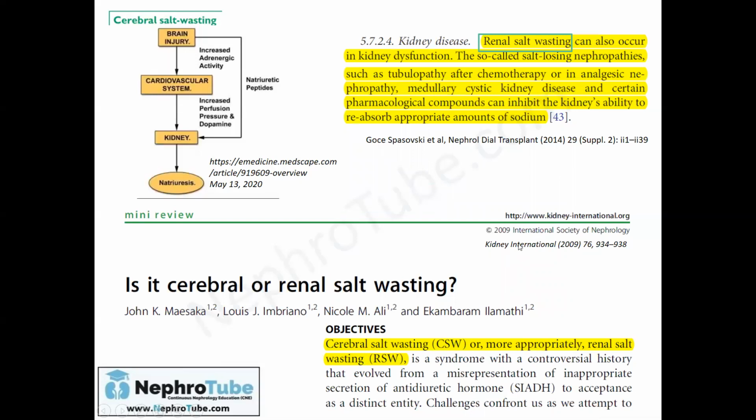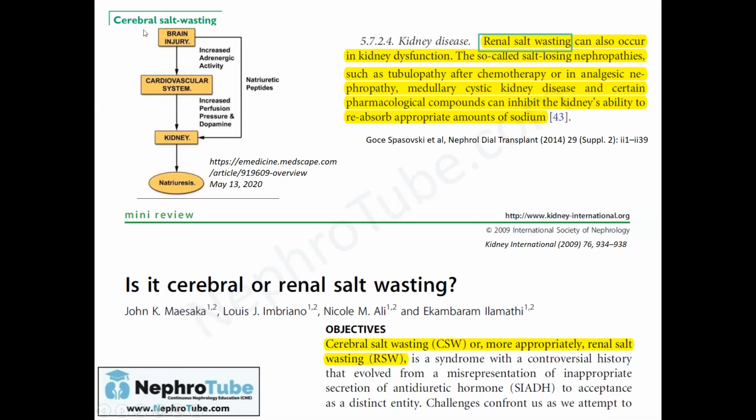And this article, and I think it is a very good article you may need to read. Finally, they conclude that cerebral salt wasting is more appropriately called renal salt wasting, because both of them end with loss of sodium through the kidney.